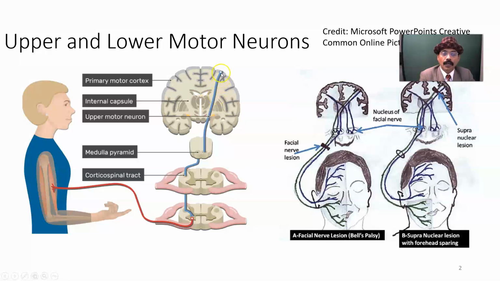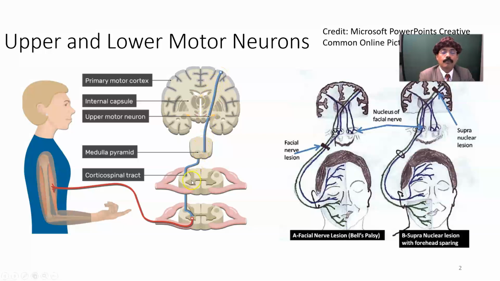This is the upper motor neuron up to this level. Okay, so from the cerebral cortex to the spinal cord, it is a corticospinal descending fiber. This is one example of the upper motor neuron.